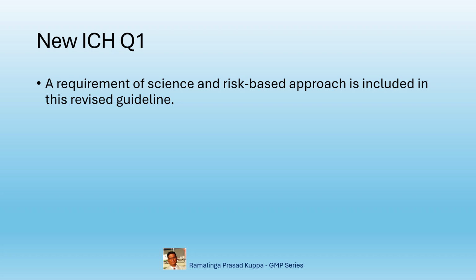A requirement of science and risk-based approach is included in this revised guideline. In the new revised guideline, there is a reference to risk-based approach in addition to a scientific base. There are 9 tools in ICH Q9 quality risk management principles on which the strategy should be developed.